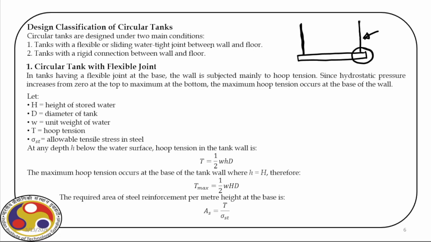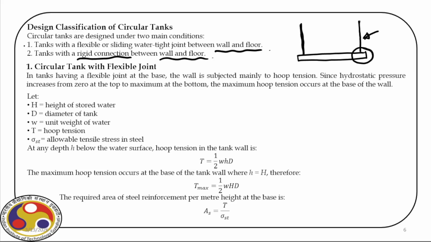So there are two options available when we design circular tanks: tanks with flexible but watertight joints between wall and floor, and tanks with rigid connection between wall and floor. When we see the detailing, it will be further clear how these two different types of connections can be made at site.